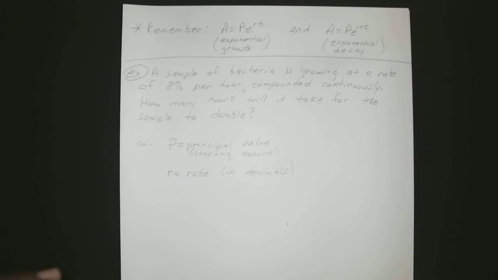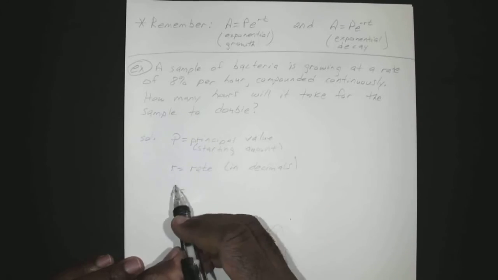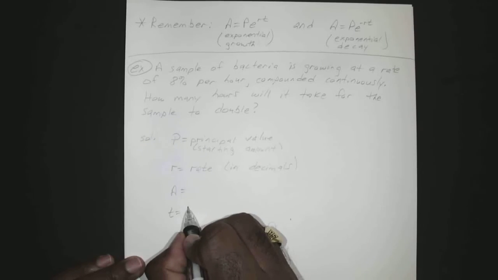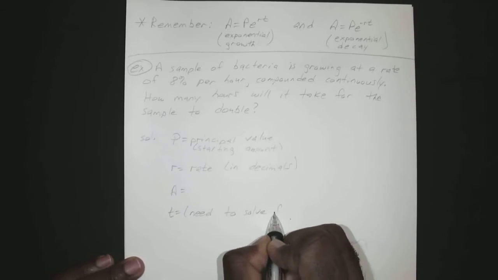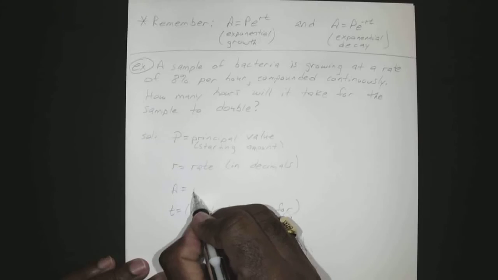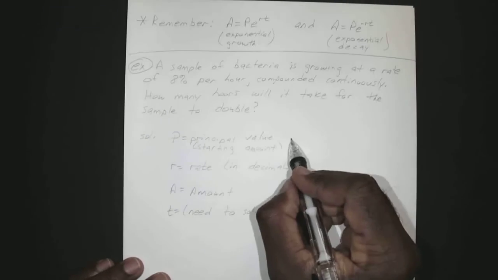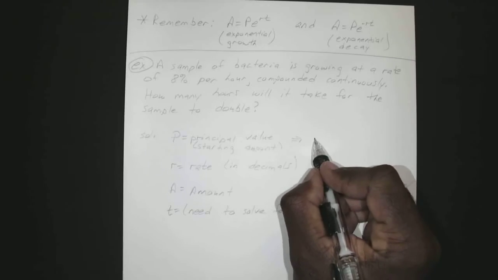Now, the only thing we're missing is our A, and we're solving for T, but the only thing missing is our A, as far as like the general idea or our amount. Okay. Now for your principal value, they really didn't tell us. So if they didn't tell us, then it's equal to some unknown.